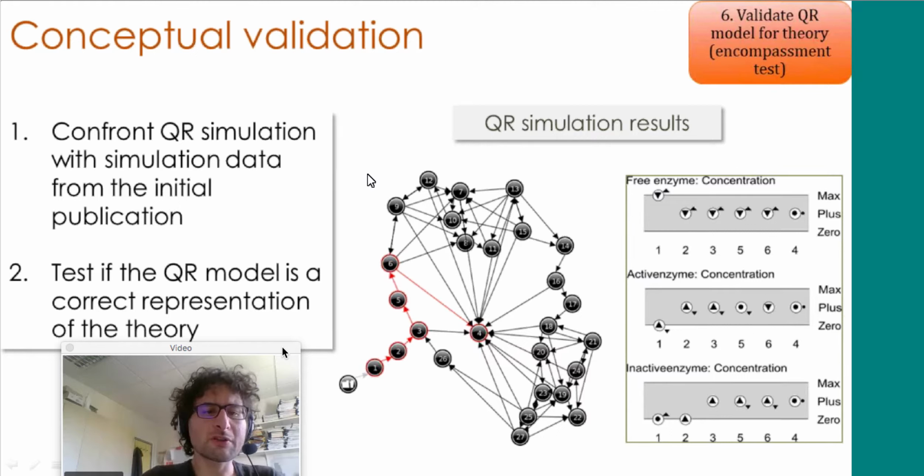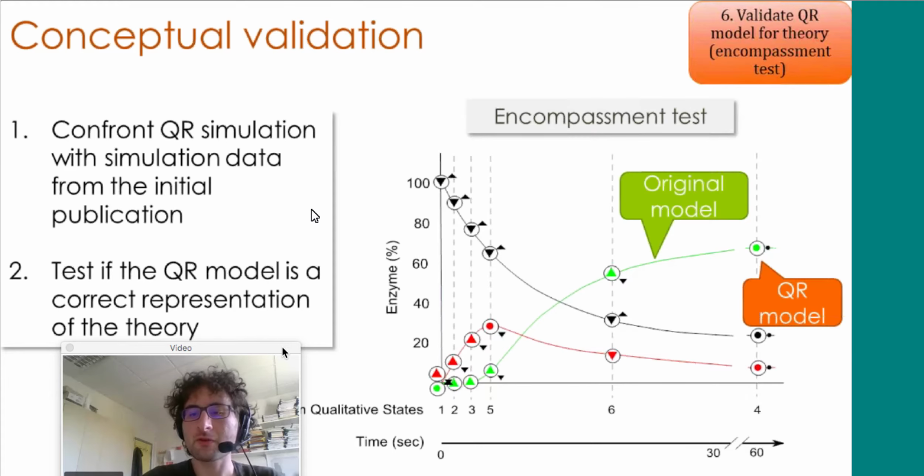So the goal here is to confront the QR simulation with simulation data from the initial publication to assert that our baseline QR model is a consistent representation of the initial scientific model or the initial theory. So this is what we've done here.